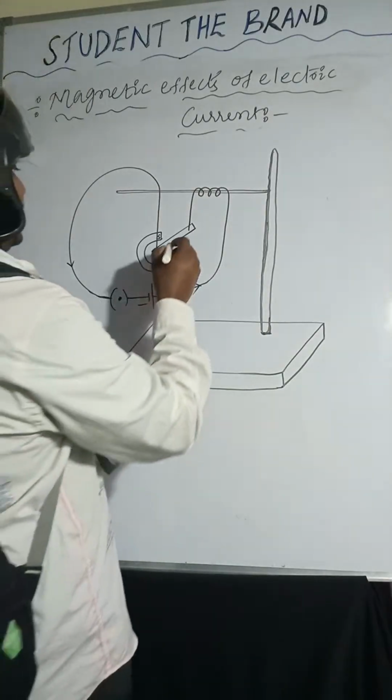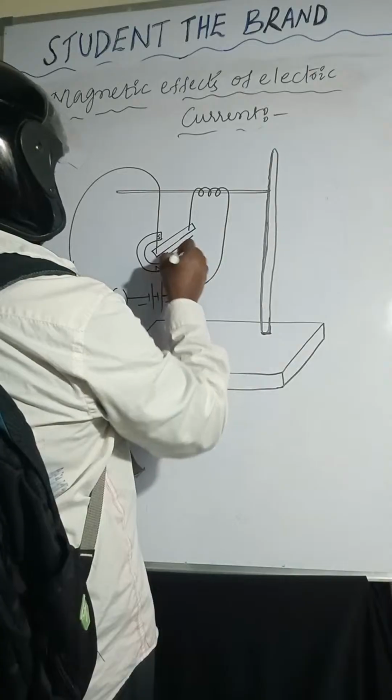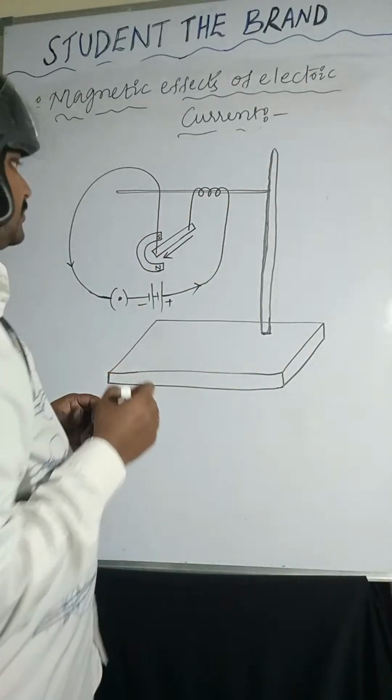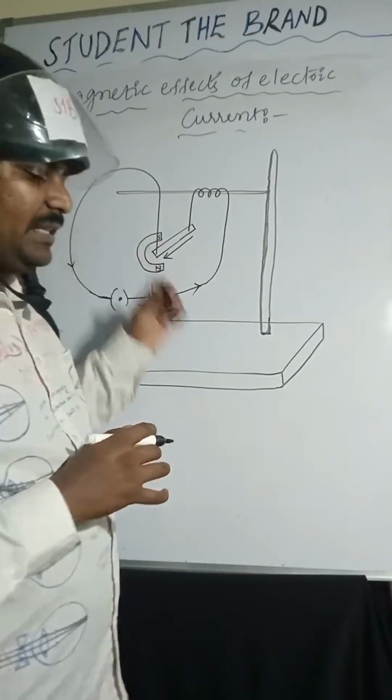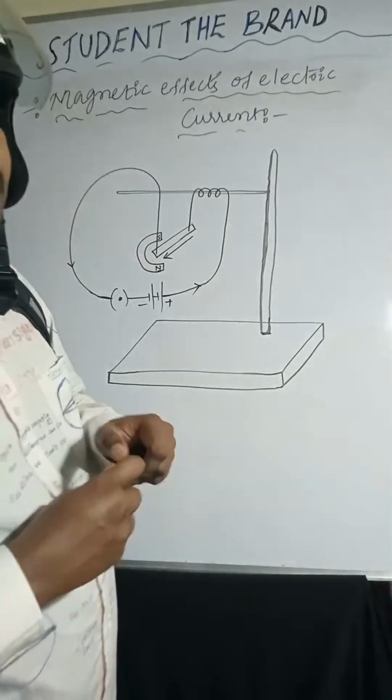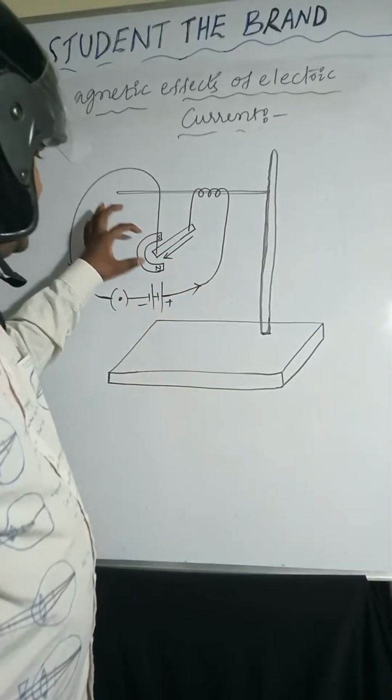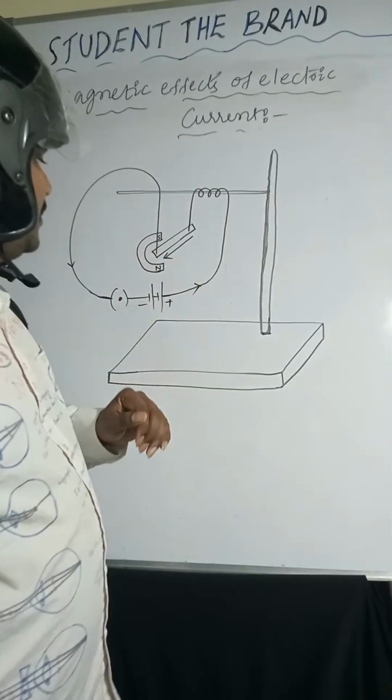So current is passing in the downward direction like this. This is the current carrying conductor placed in the external magnetic field, with north pole and south pole.